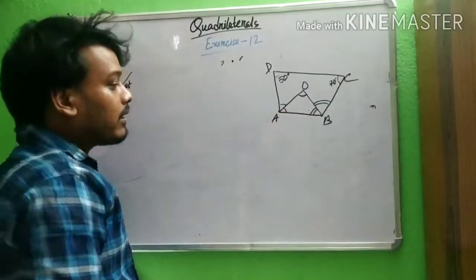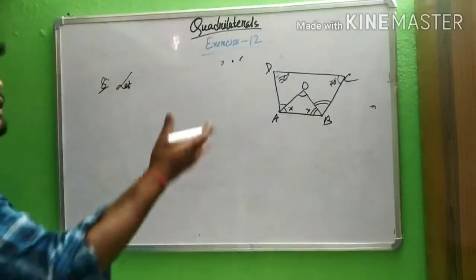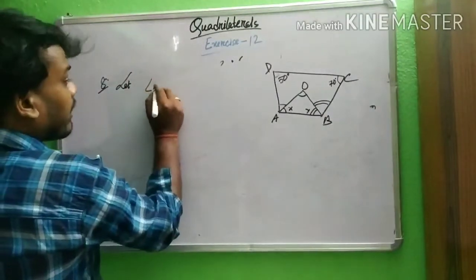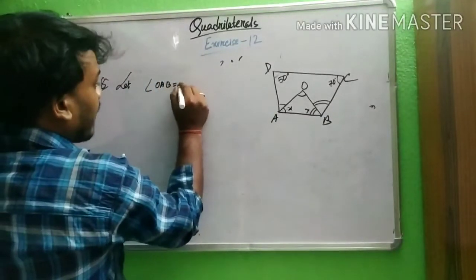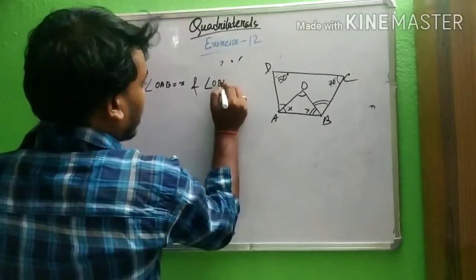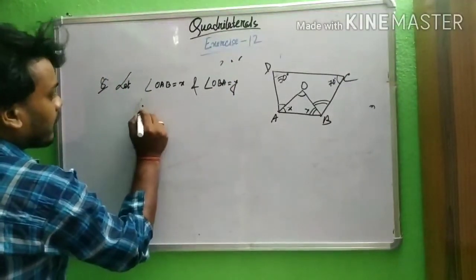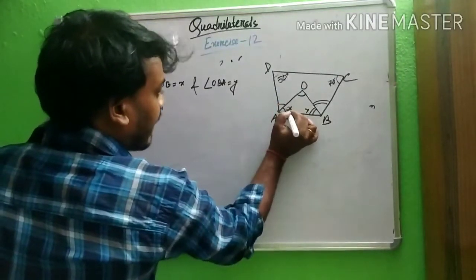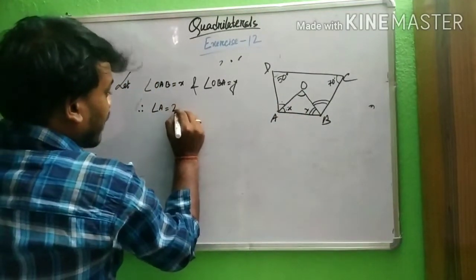Okay, so let's start. Let the value of this angle be X and this angle be Y. So we need to find the value of X and the value of Y. Let angle OAB equal X and angle OBA equal Y. Therefore the value of angle A, that means total A, is X here and X here, so the total value is 2X.